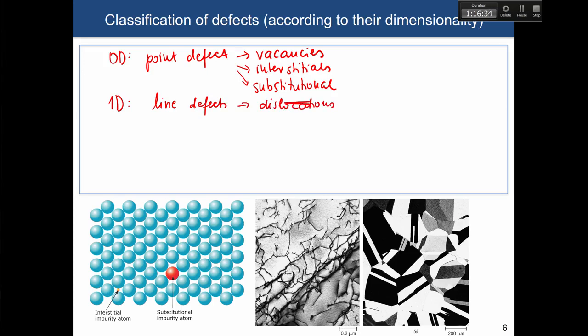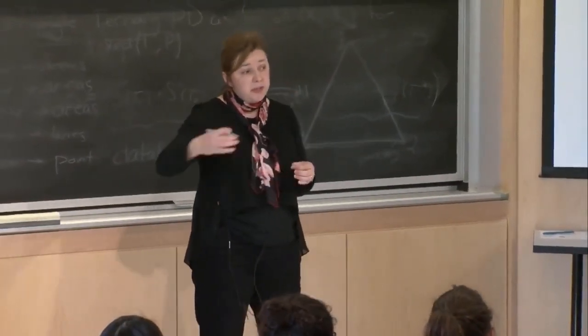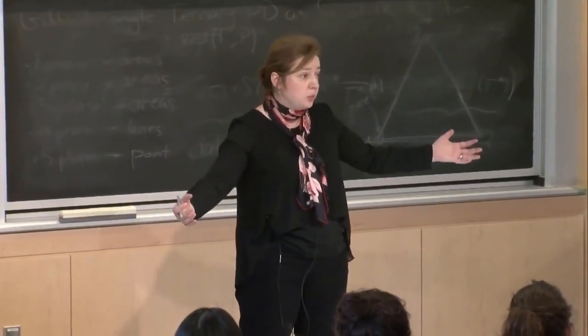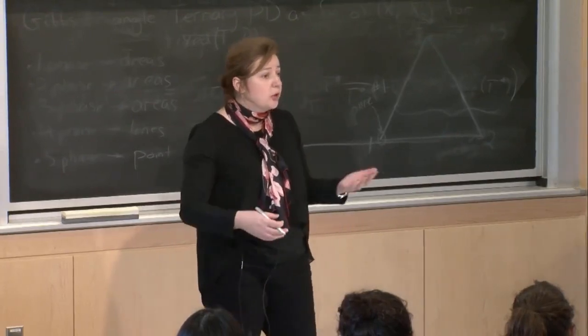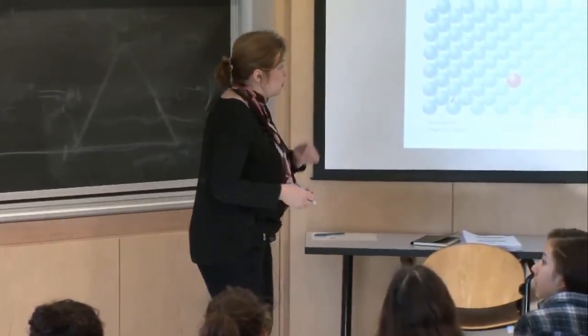This is a transmission electron microscopy image, and the lines that you see here are the dislocation lines that propagate through this material. The reason why they are called one-dimensional is because there is a collective behavior of atoms in one dimension that contributes to the presence of these defects. And we will talk extensively about dislocations in metals and other materials in more detail.